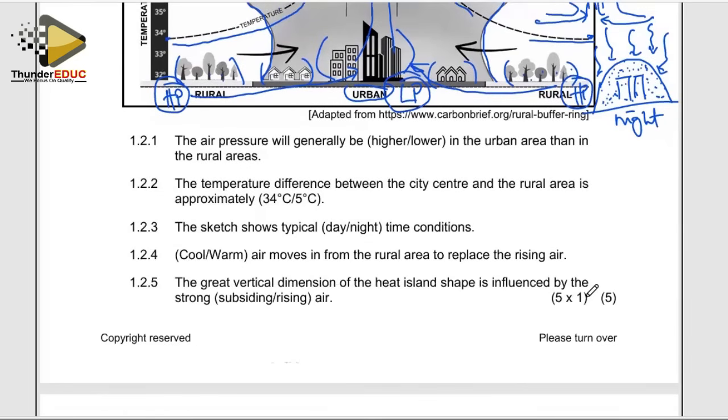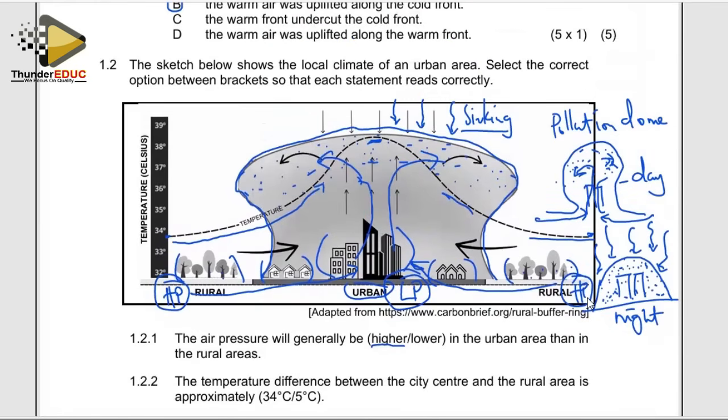The first question is saying the air pressure will generally be higher or lower in the urban area compared to the rural area. We have talked about that. In the urban area, it is going to be higher, like what we have seen on the illustration. The temperature difference between the city center and the rural area, we just go to our graph and look here.